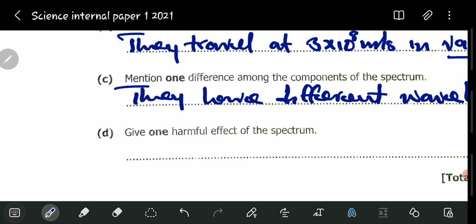Then, D. Give one harmful effect of the spectrum.